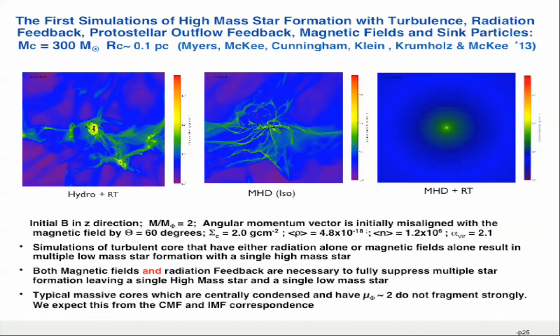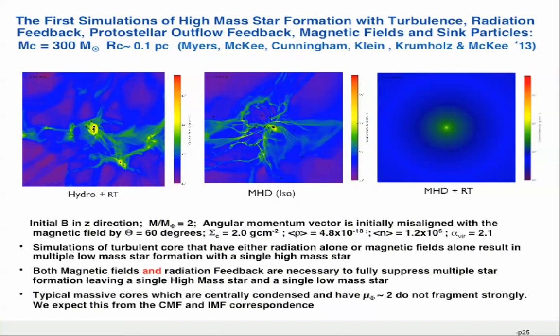It is only when you have magnetic fields non-linearly interacting with the radiation feedback that you can fully suppress multiple star formation, which leaves you with a high mass star and a single low mass star. And that's the final simulation here. If I can get the hand out of the way. You'll see that even the filamentary structure here is dramatically different.